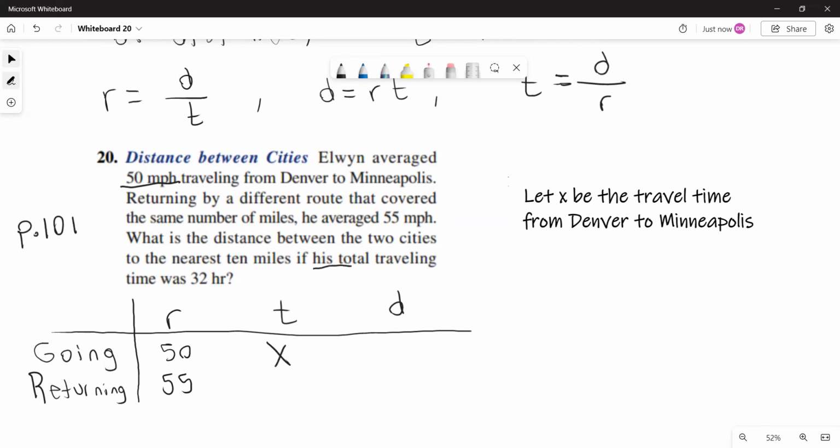The total traveling time was 32 hours. So if the time from Denver to Minneapolis was X, from Minneapolis to Denver was 32 minus X.